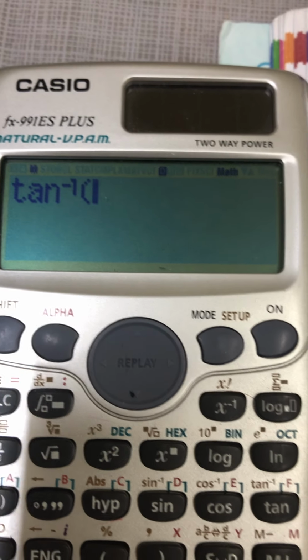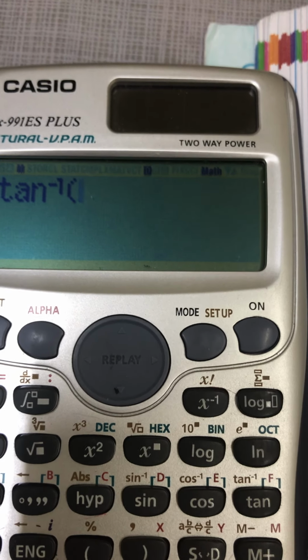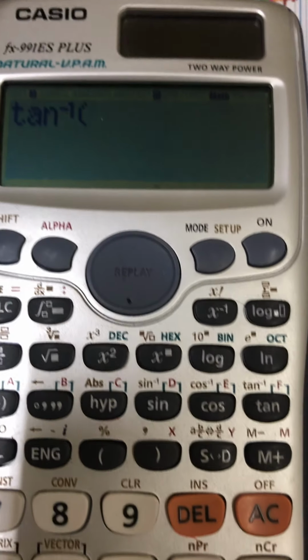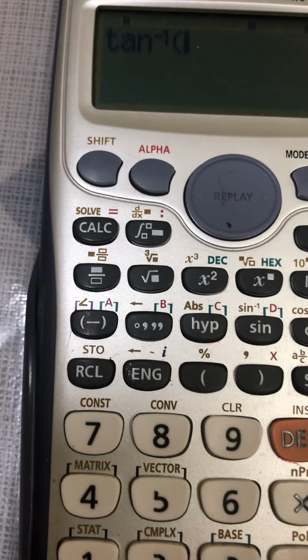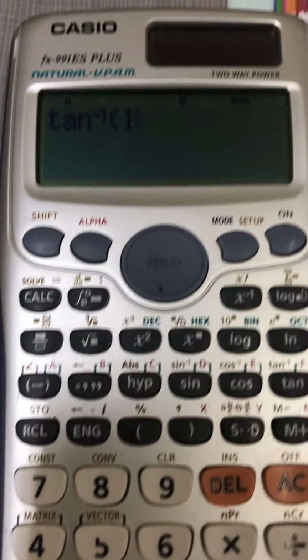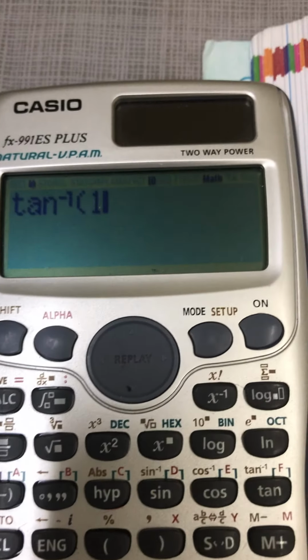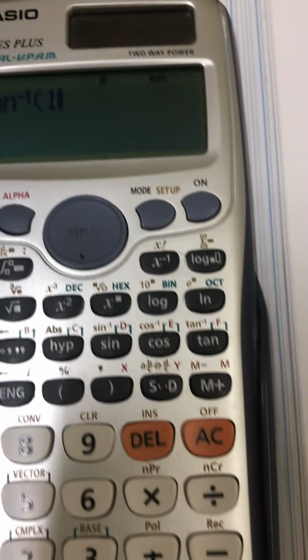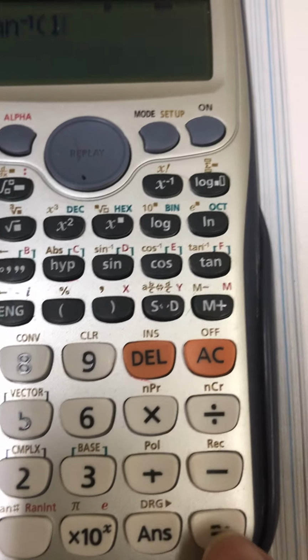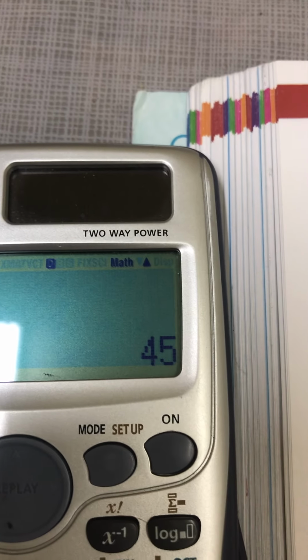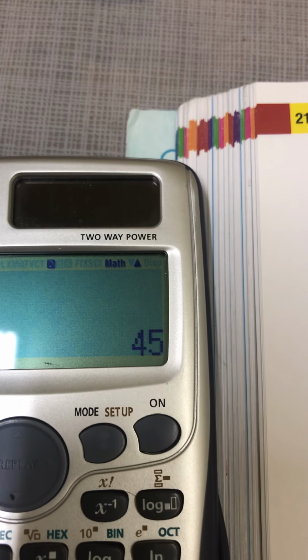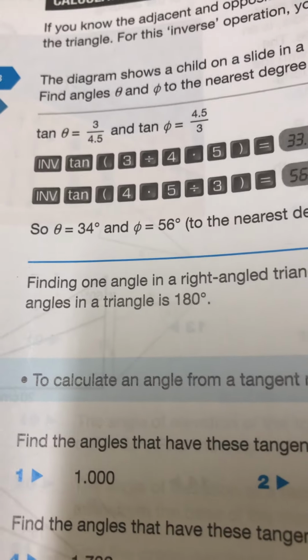Okay, and then what is the ratio I have? 1, just 1, so I press 1. So I have tan inverse 1 equal, you will get the measure of the angle, 45. And this is the answer for question 1.